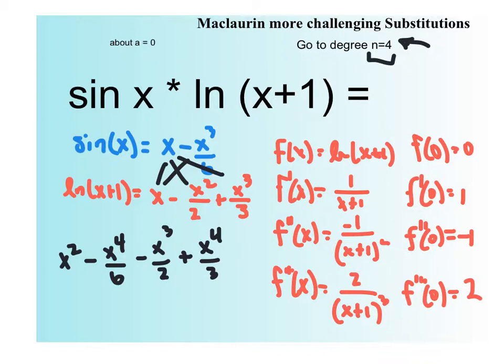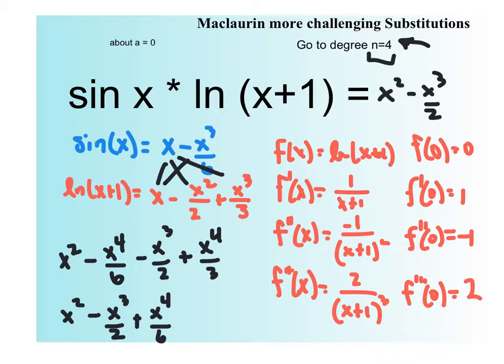Notice if I went out any further, I'd get a term that would be larger than a 4th degree term. Therefore, I wouldn't do that. And therefore, it looks like I get x squared minus x cubed over 2, and the x to the fourth terms turn out to be a positive x to the fourth over 6. So there you have it. X squared minus x cubed over 2 plus x to the fourth over 6.